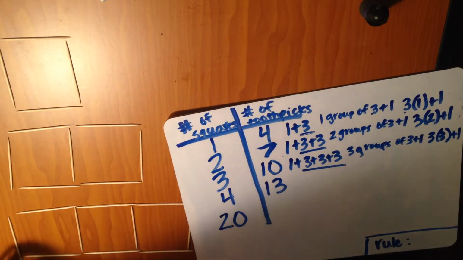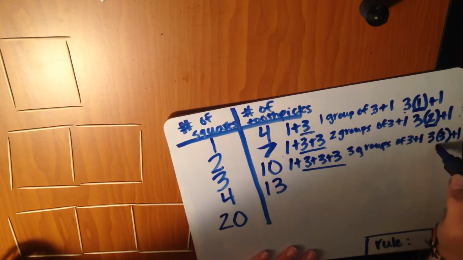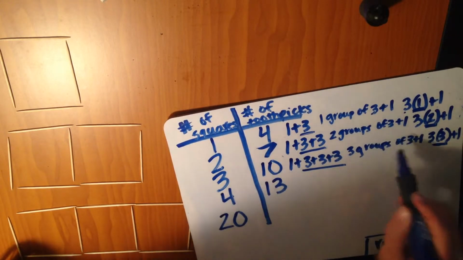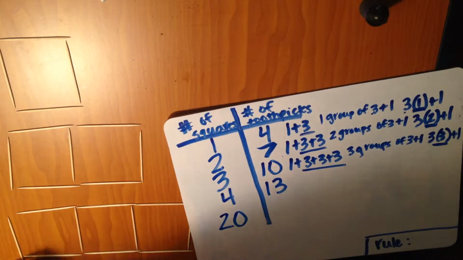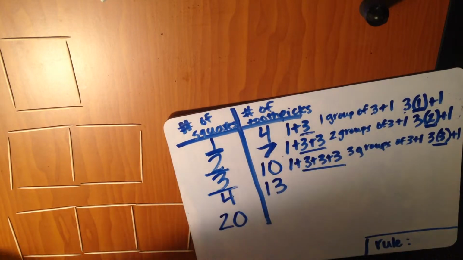And you know what I'm noticing? I'm noticing that these numbers right here, which tell us how many groups of 3 we have, match the number of squares. So you know what I'm going to do? I'm going to create my rule.